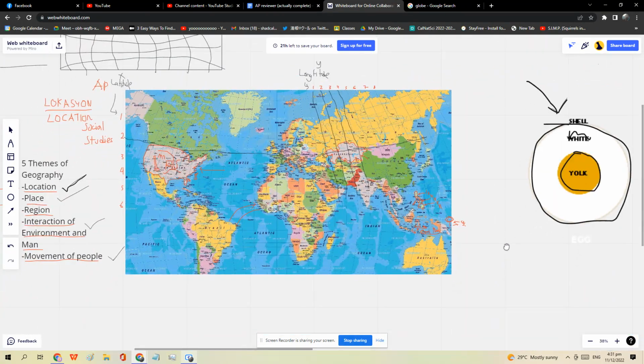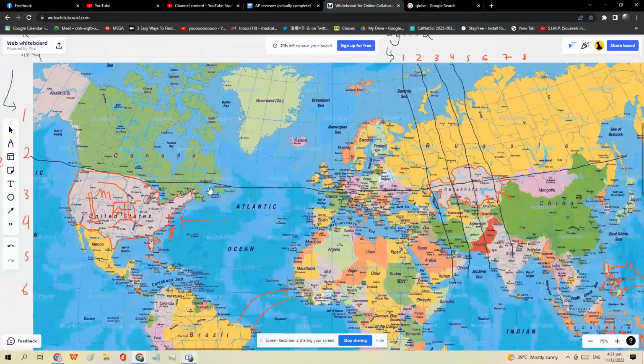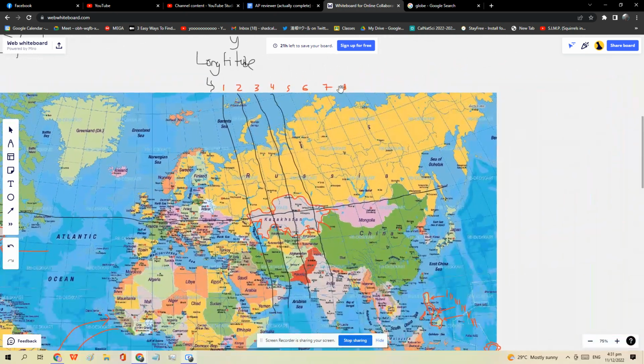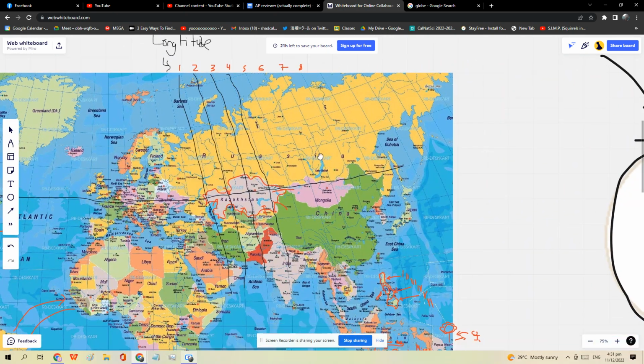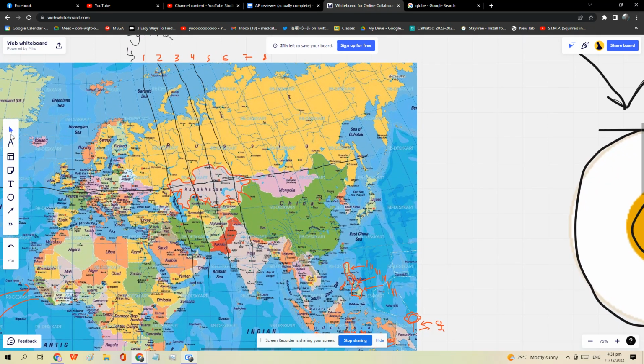So after that comes region. Region is basically the classification of places where you group them together based on their traits and known qualities, like distinct races or history. Let's say, for example, the Philippines.